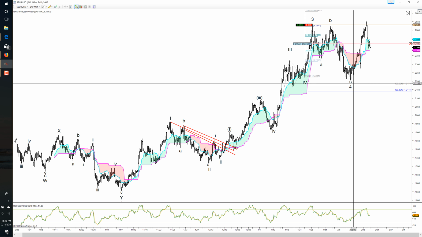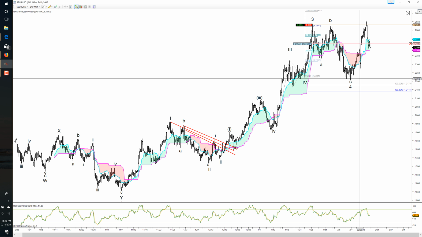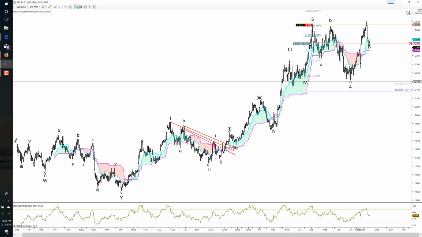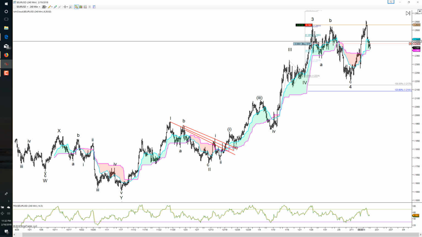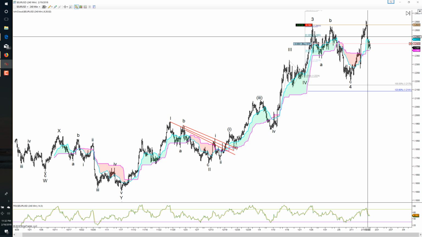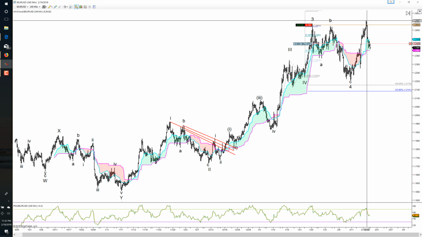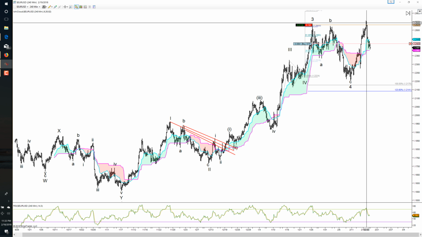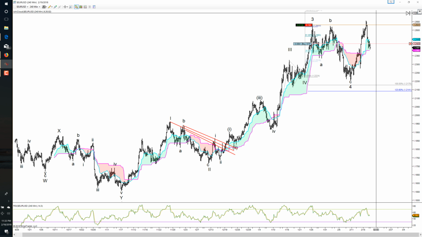You can look at it that way, and then maybe this is 1, 2, 3, then 4, and now that this is the top, maybe this is 5. And it could be possible that the top is in place. I don't see it that way, but it has to be an alternate count.